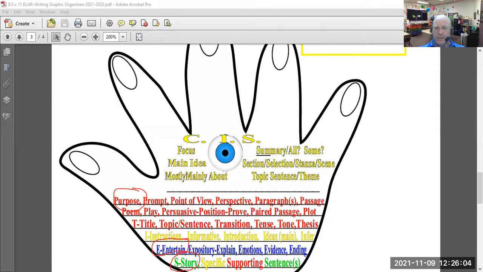Well, since they asked about theme, we want to be able to find out the message that can be learned. So in the ending is where you would want to talk about things that would be important.